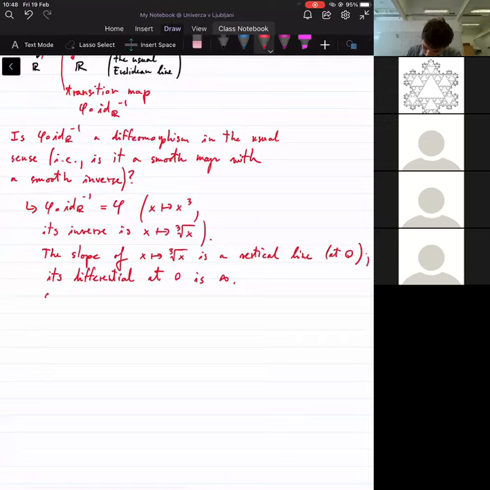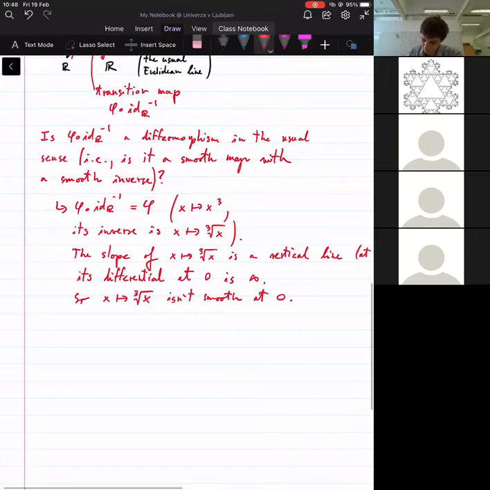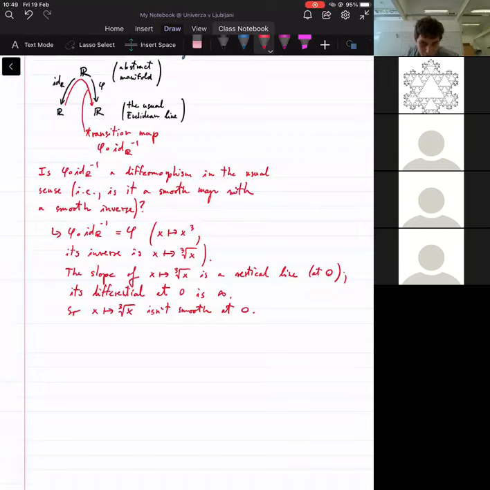So the function x maps to third root of x isn't smooth at 0, right? So this answers our question. Okay, phi is not a diffeomorphism in the usual sense.